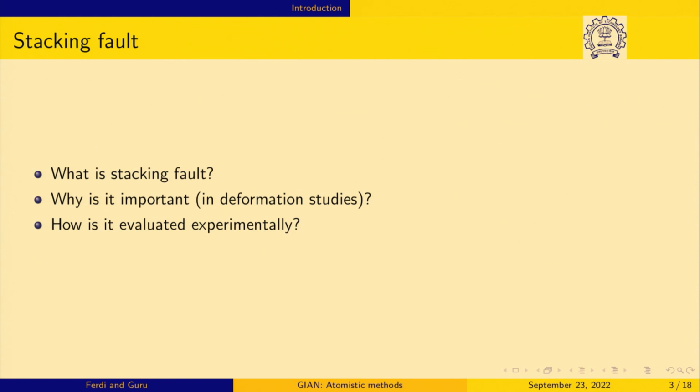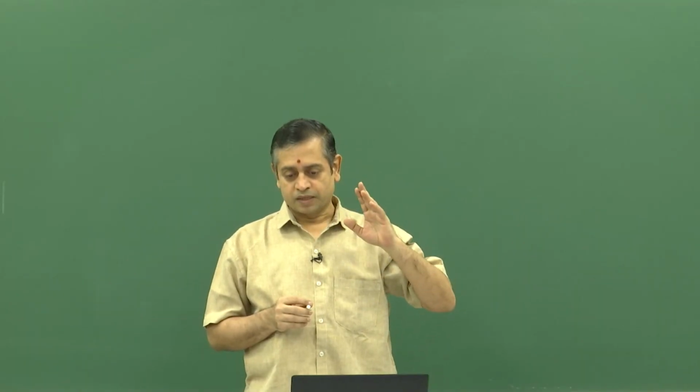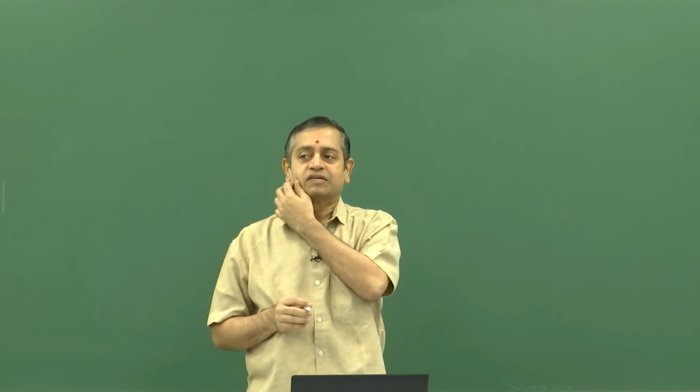How many of you have heard of stacking fault? Okay, very good, some 4, 5. So, for the rest, the idea of stacking fault comes from visualizing the crystals in a slightly different fashion.